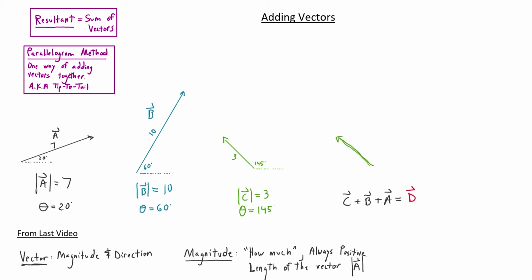Start with my first vector, C. I put its tip to the tail of the next vector, B. And then I just continue off B to draw A. And then the resultant, the sum, is basically the whole structure, from the very beginning through the very end.